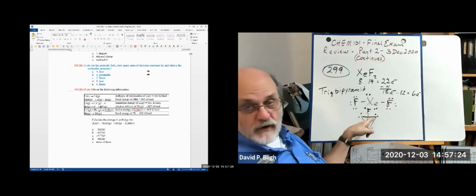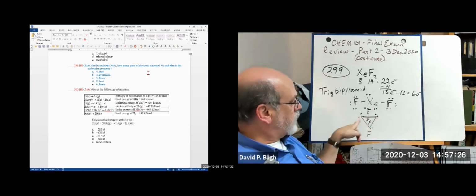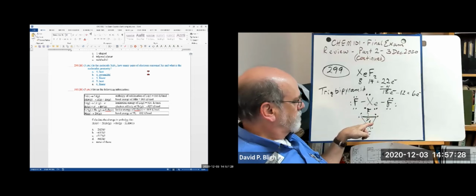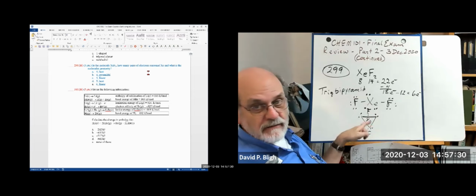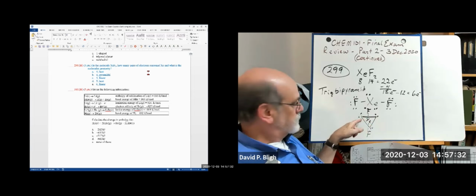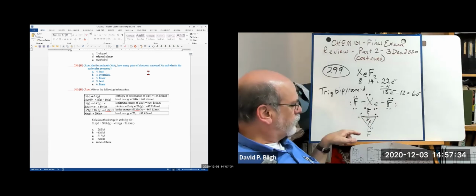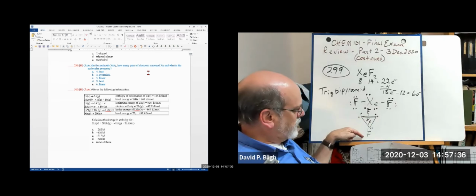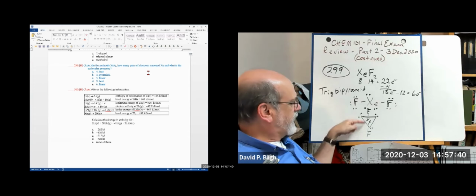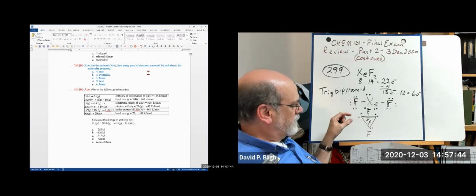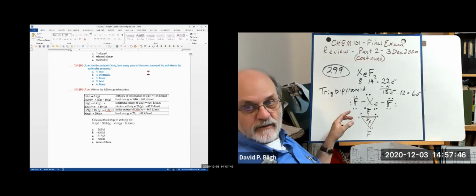Now, why did we put those lone pair electrons here? Because that separates them maximally from each other. If we had put one down here, then that would make it 90 degrees from another one, but the other two would be 60. This is both balance and maximum distance.